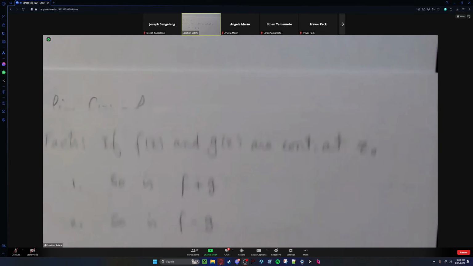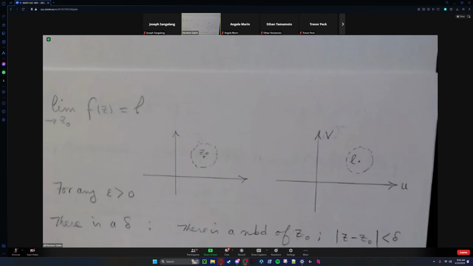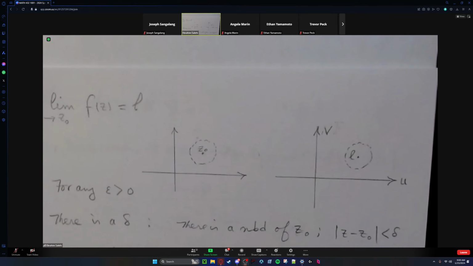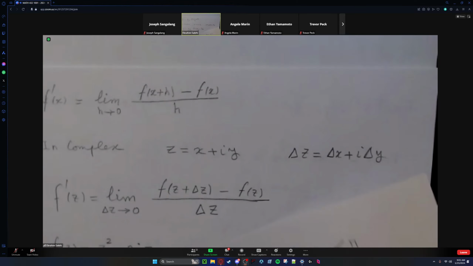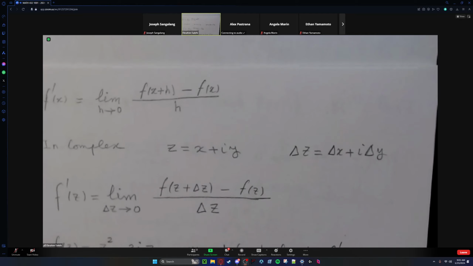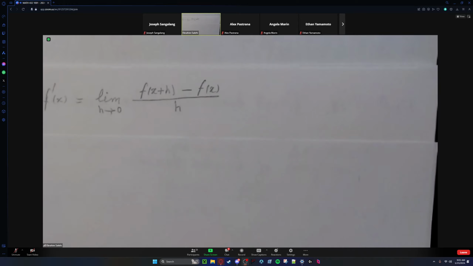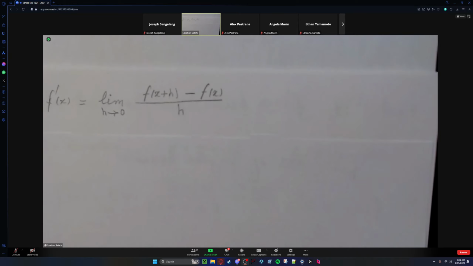Okay. All right. Well, we can of course define the epsilon delta definition of continuity, but we don't need it at this stage. What I am going to talk about next will be the derivative.